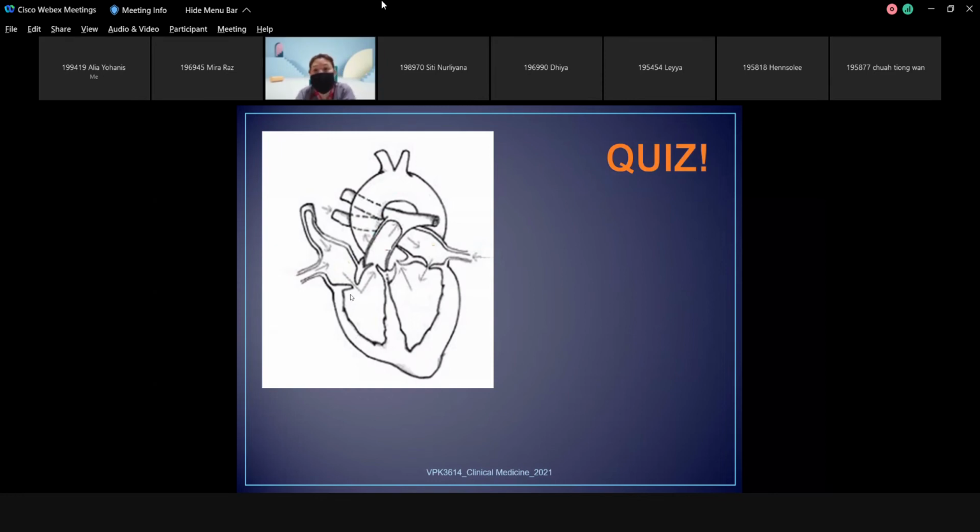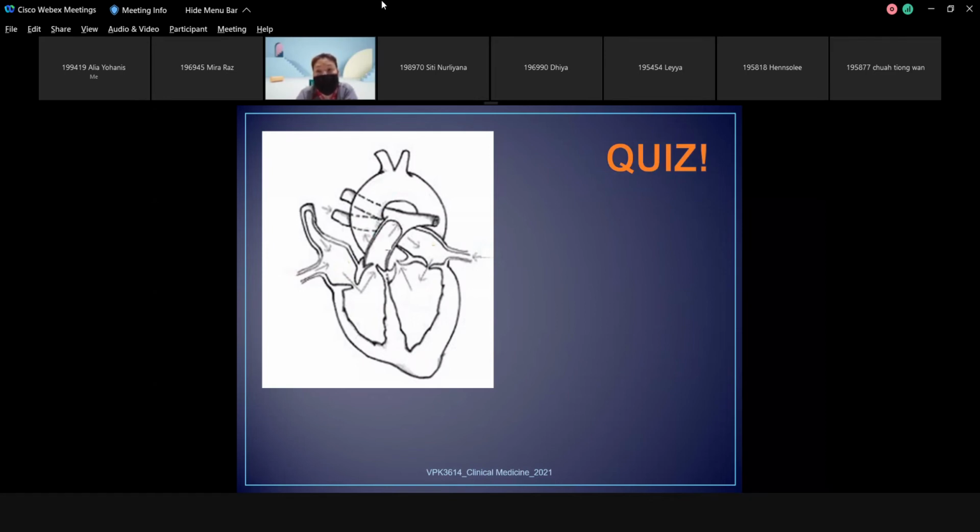What is this valve name? Bicuspid or tricuspid? Tricuspid. Then this one? Pulmonary. Pulmonic.